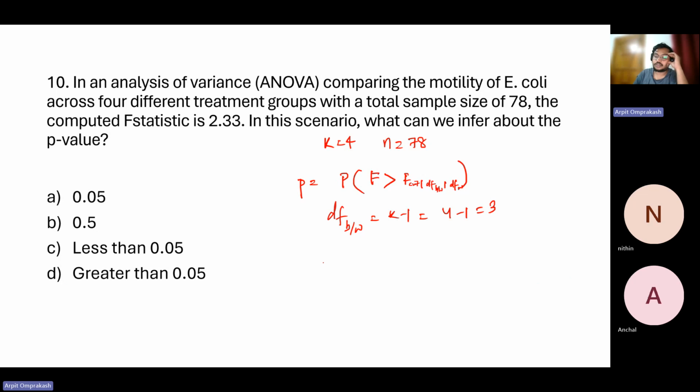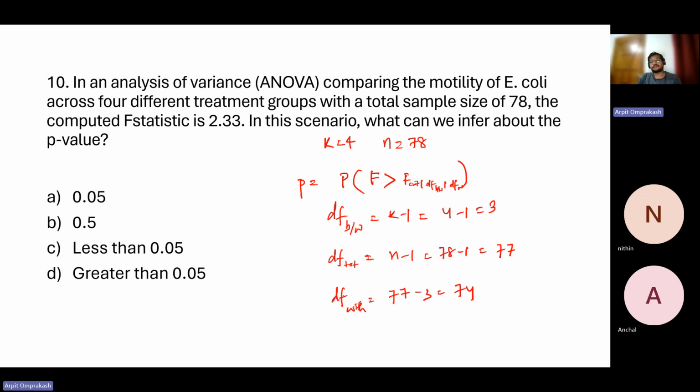Then our degree of freedom in total will be equal to n minus 1, which is 78 minus 1, which is 77. So our degrees of freedom for within will be equal to total minus the degrees of freedom between, which is 77 minus 3, which is 74.